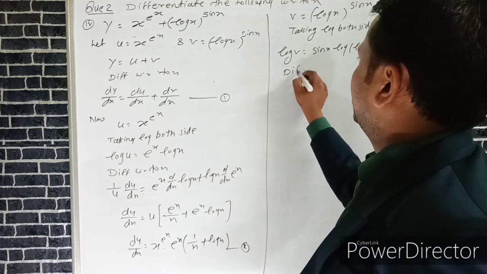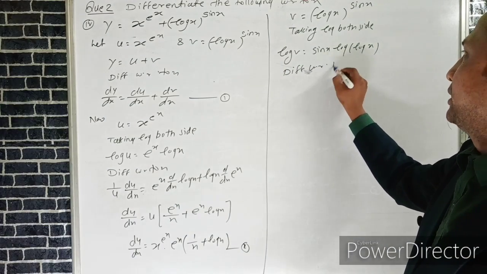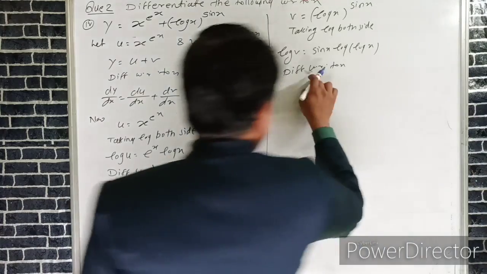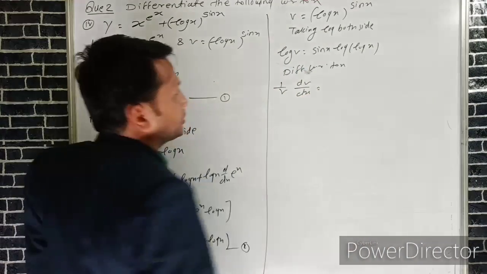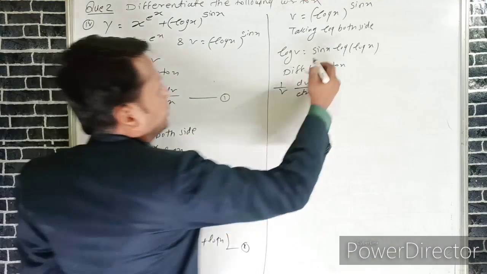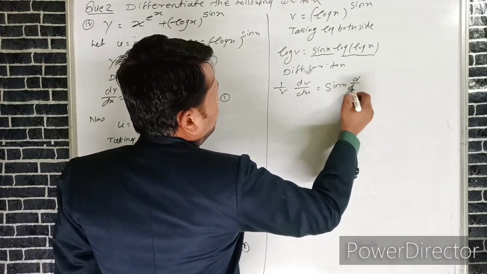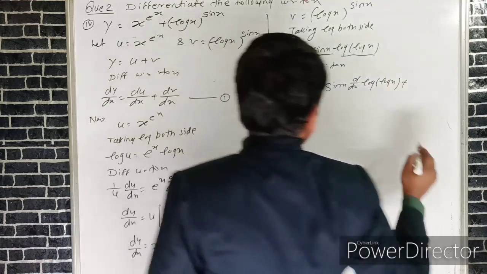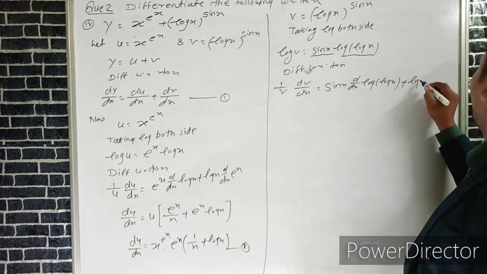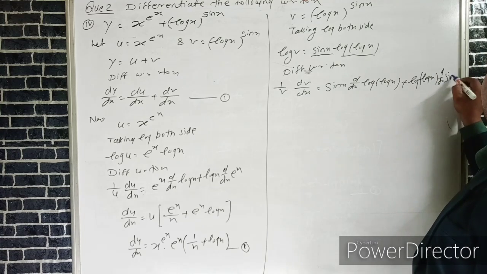And if we differentiate the given function with respect to x, then we can write derivative of log v is 1 by v dv upon dx is equal to, here we have to apply the u into v rule, sin x into derivative of log x plus, here again we can write log x into derivative of sin x.